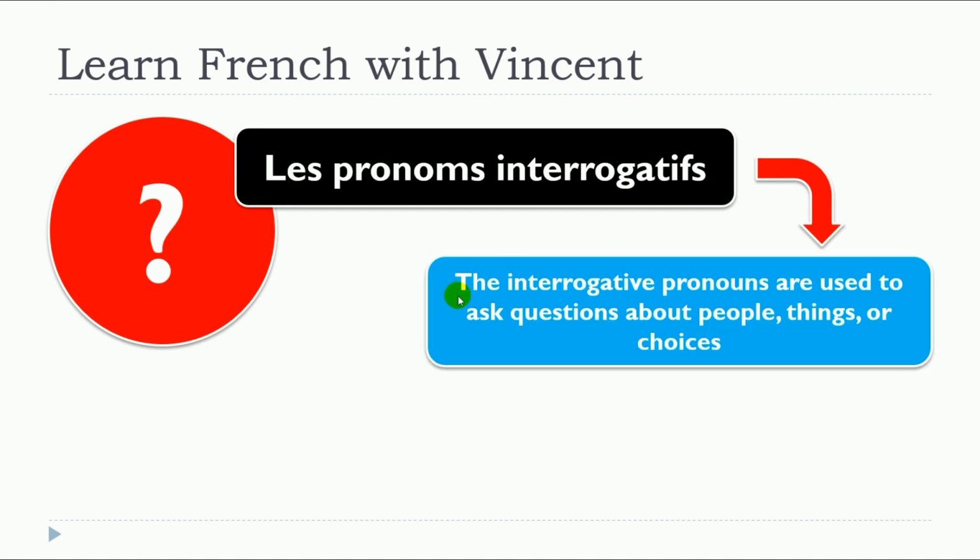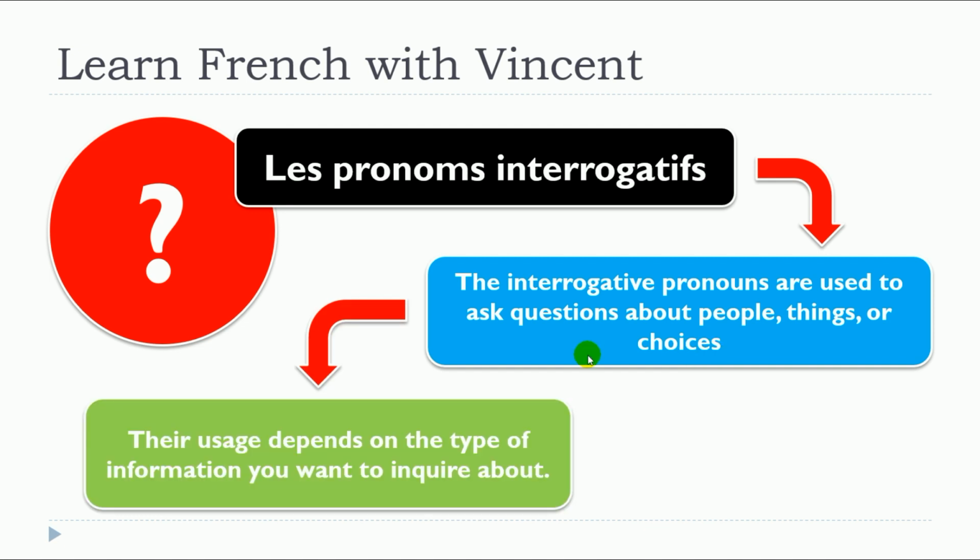That's the first one. The interrogative pronouns are used to ask questions about people, things, or choices. And the second thing, their usage depends on the type of information you want to inquire about.